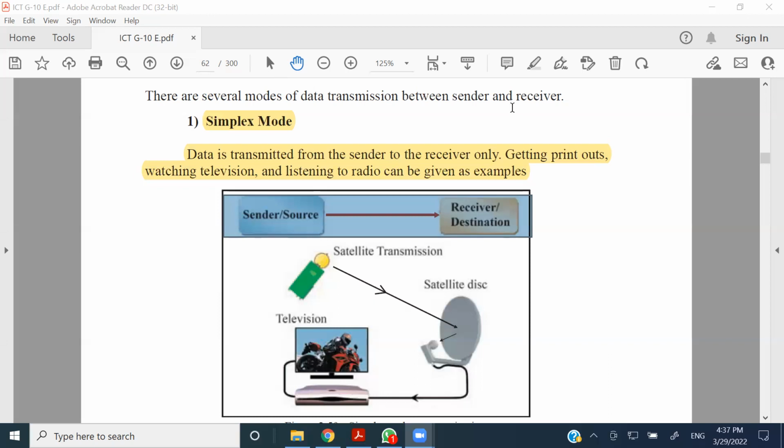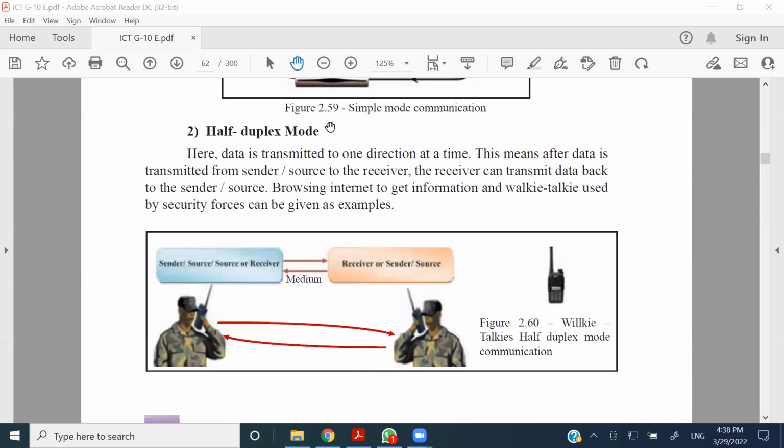Okay, are we done? Anyone who is still doing? All right, so moving to the half duplex mode.